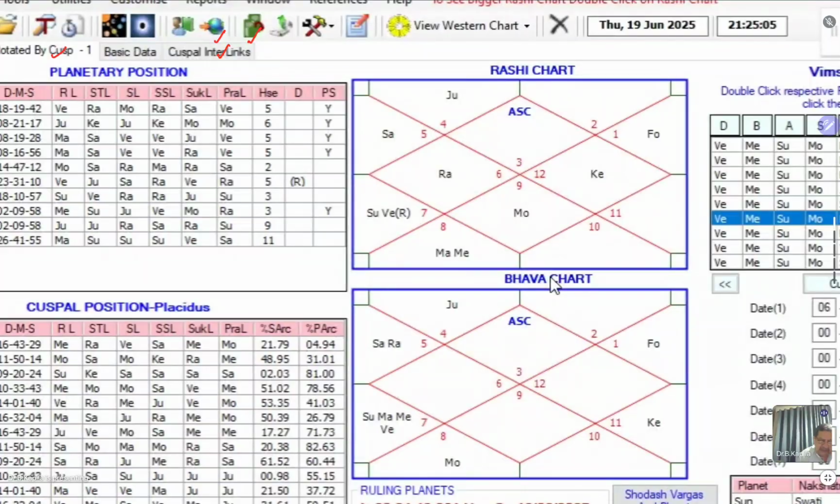That the 8th sub-lord, which was which planet? Saturn. Okay, this should be linked to the moon star. What was moon star? Saturn. Did you note it down or not?